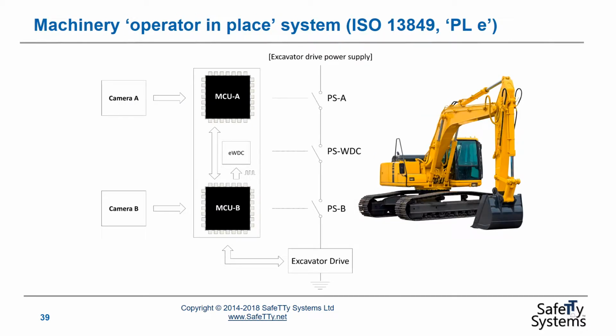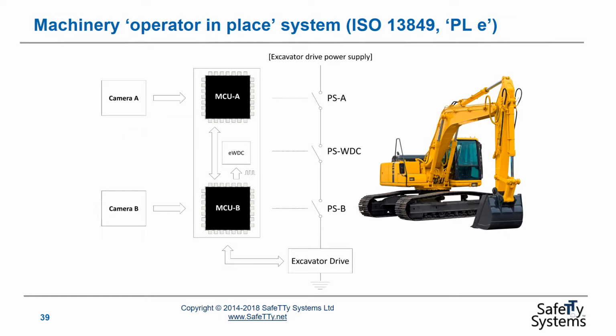A related design might be in compliance with ISO 13849 at PLE level. In this case, we're assuming that in this design we need to ensure that there is an operator in the cabin of this vehicle before the device can take any action. So we're ensuring that there's an alert operator in the cab of this piece of machinery before we will allow the machinery to be operated.